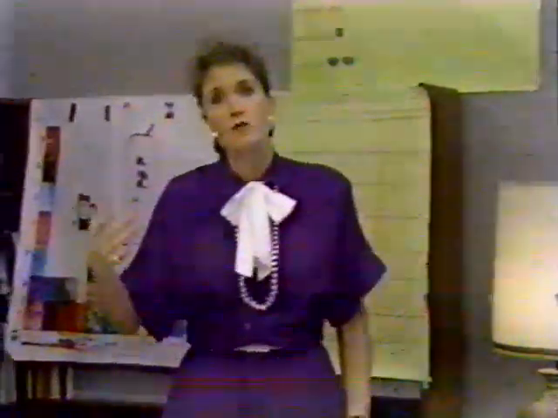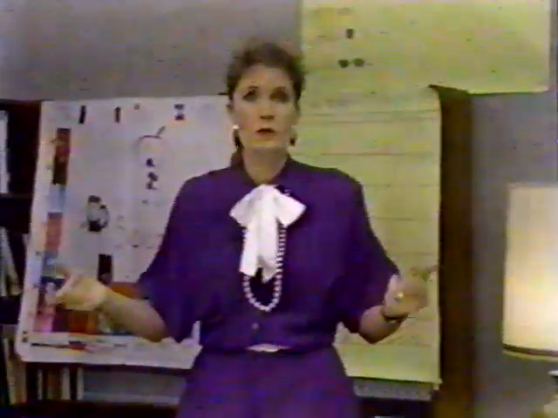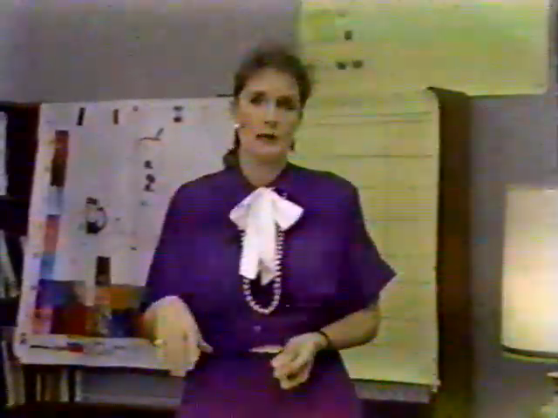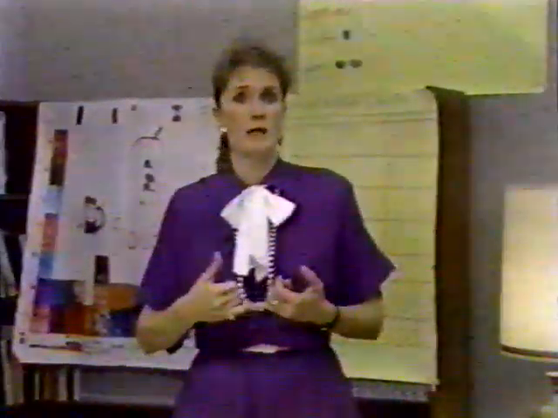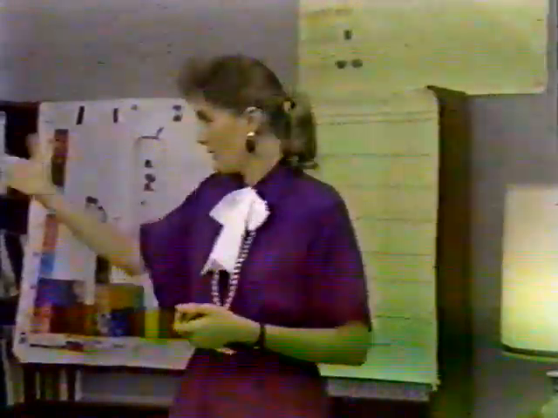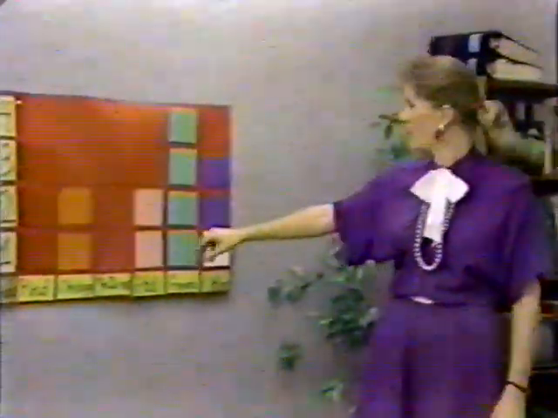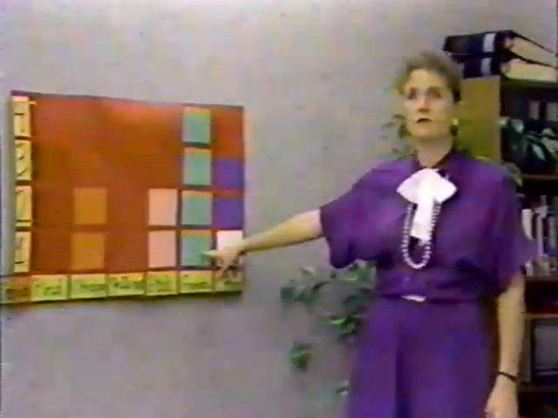In color graphs, you can have them pick a colored square. They really don't know why they're doing it. You tell them, pick the color that you like. And they go and they pick it and they take it to their desk. So the choice has already been made. And an example is this graph right over here on the wall. Here, they have already made their choices.